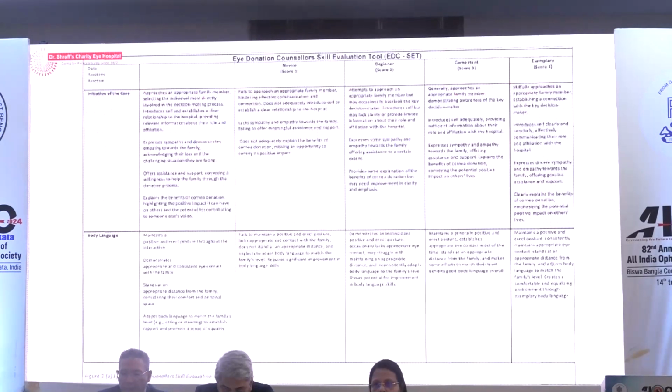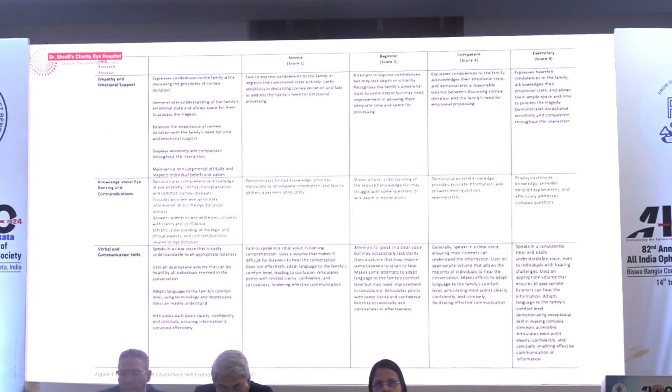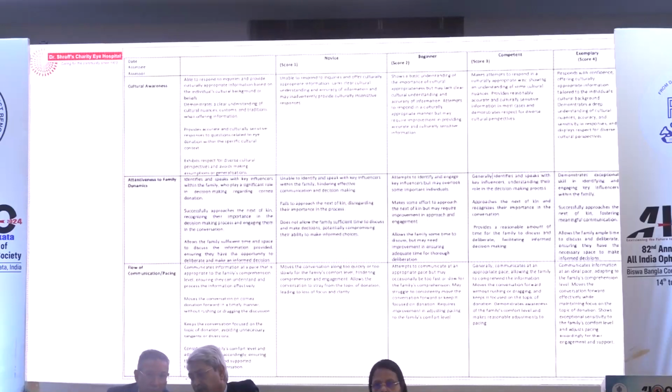This tool talks about all the skills which a counselor needs to have, starting from how you initiate the case, what your body language will be, empathy, knowledge, verbal communication skills, flow of communication, etc. It grades the counselor as a novice, a beginner, a competent, or an exemplary. If a person, while we are assessing them, gets an exemplary in multiple places, that means this person can be a trainer for the eye donation counselors. So we can also use the tool to craft the career path for the counselors.